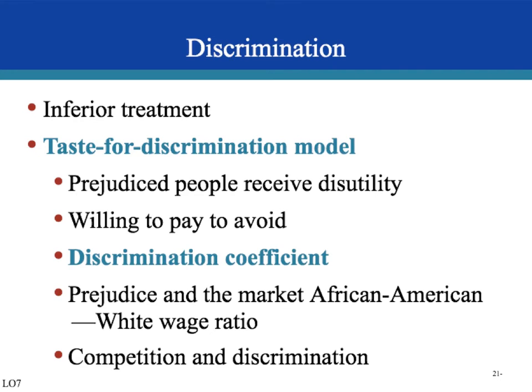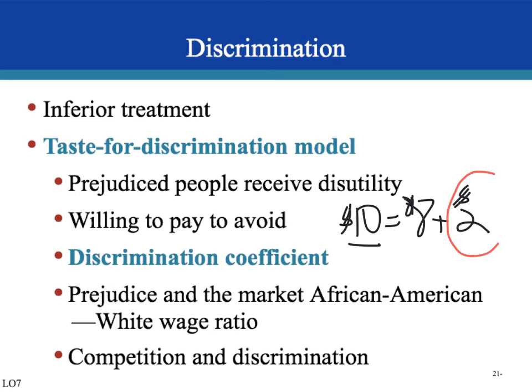An example of a discrimination coefficient is if the white wage is $10 and the African American wage is $8, they would rather hire the white person, and the discrimination coefficient is $2. They're willing to pay $2 more per hour in order to avoid interactions with the group that they're prejudiced against.